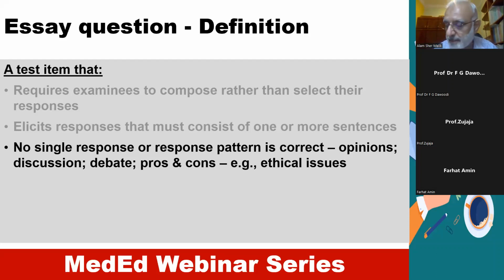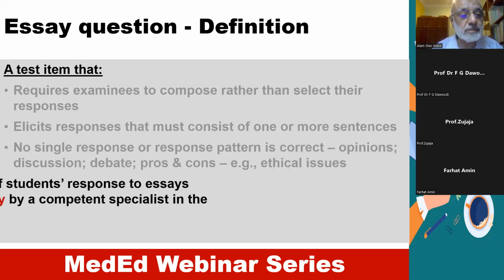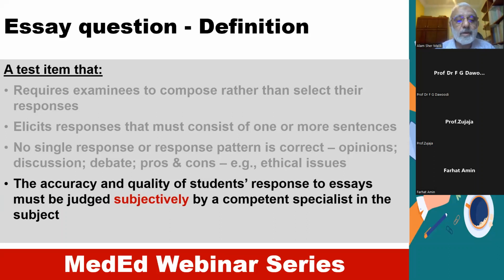So this basically relates to opinions, discussions, debate, pros and cons, for example, ethical issues. As I said earlier, this may not apply to essay questions in medical education. The accuracy and quality of students' responses must be judged subjectively by a competent specialist in the subject. And this subjectivity is also now an issue and being addressed.